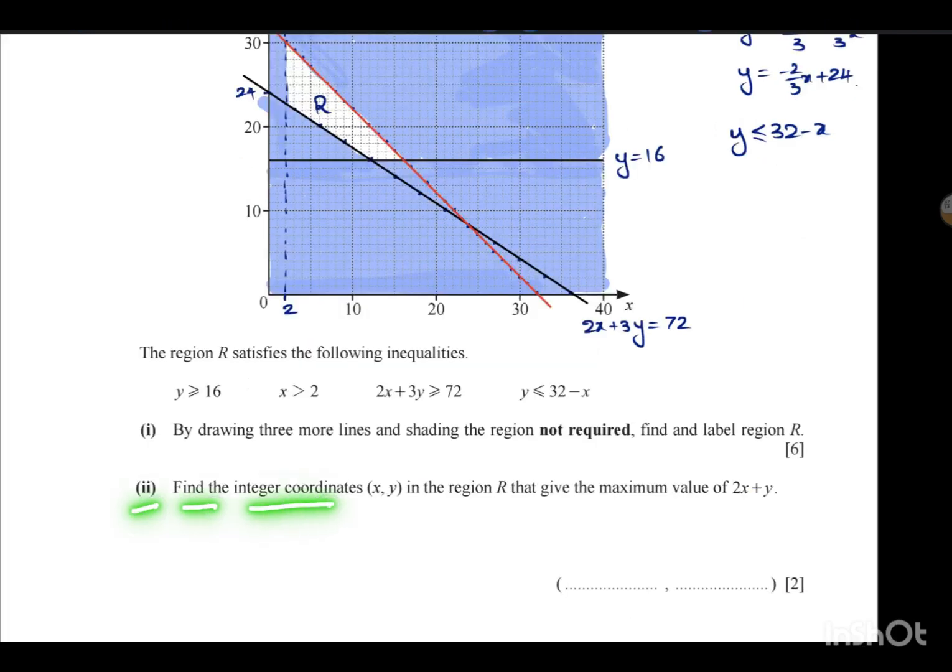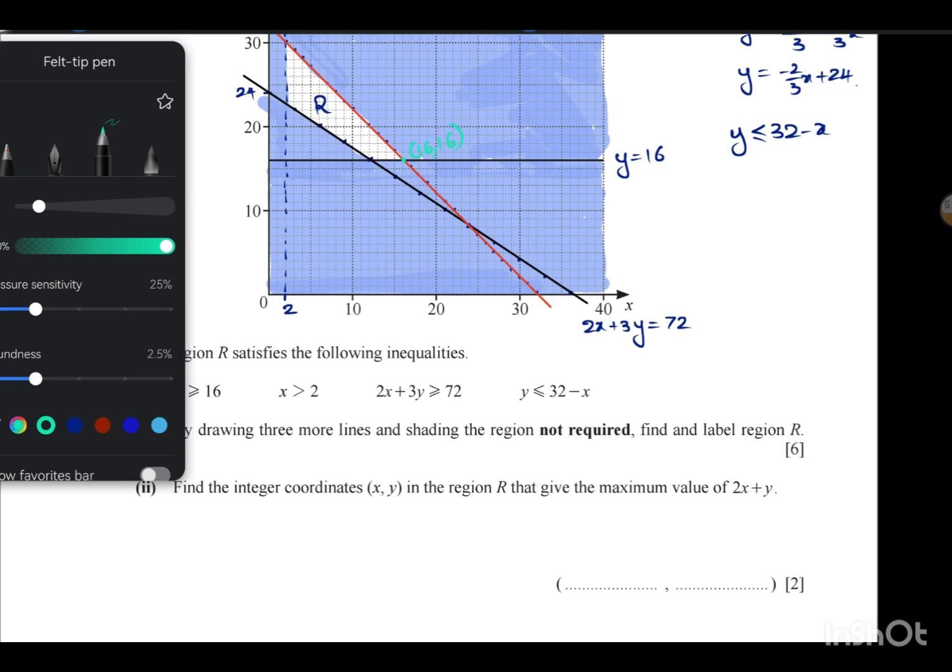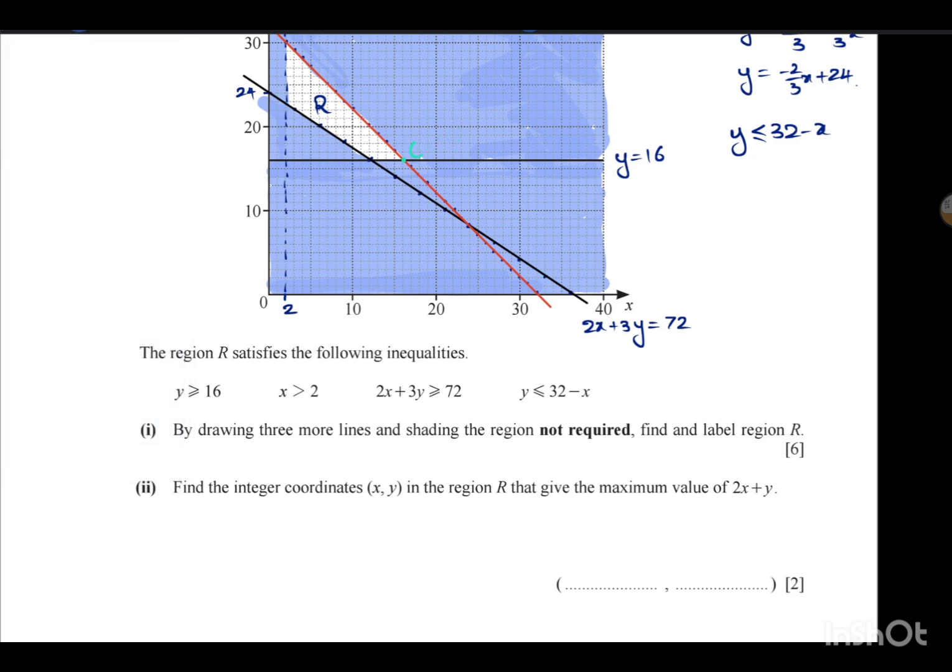Question 2. Find the integer coordinates x, y in the region R that gives the maximum value of 2x plus y. Now we need to find the maximum value for 2x plus y. So we have to take the coordinates which are to the right of the region. In this region, the coordinate at the complete right extreme, on the x-axis it is 16 and on the y-axis also it is 16.